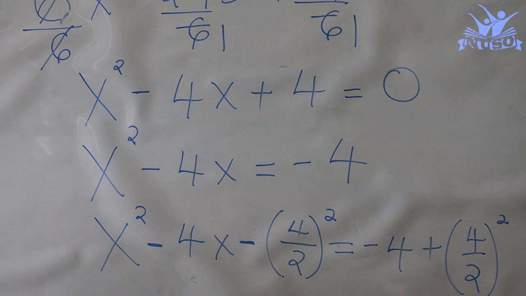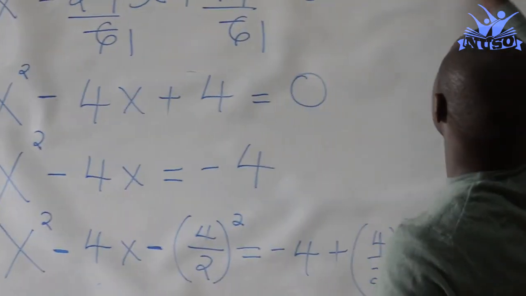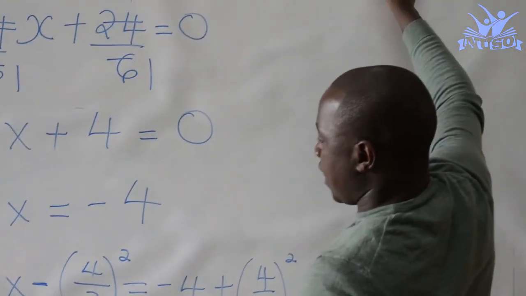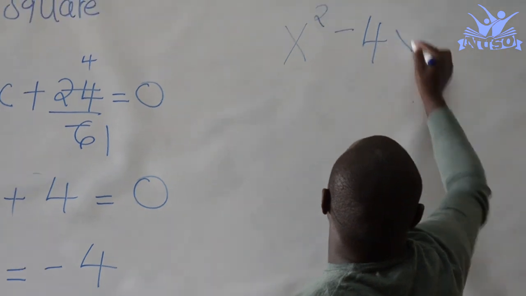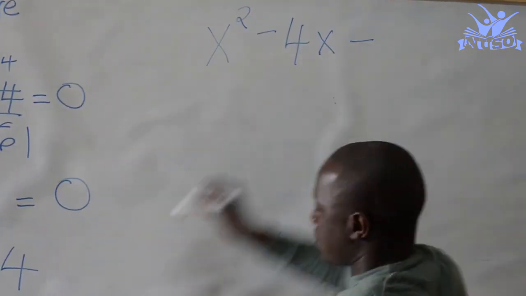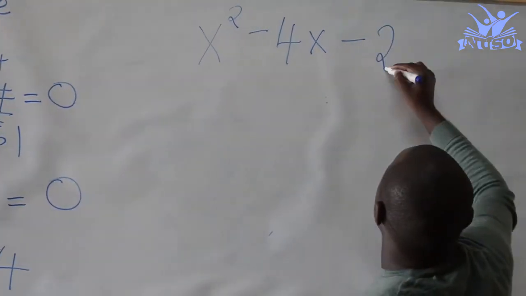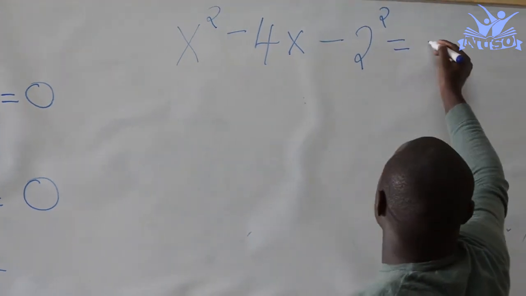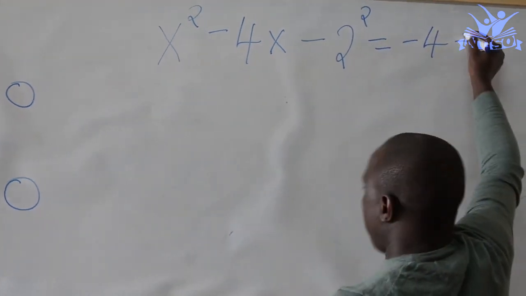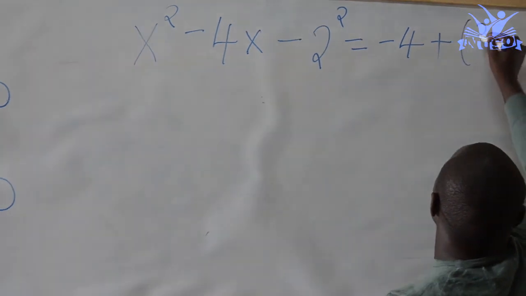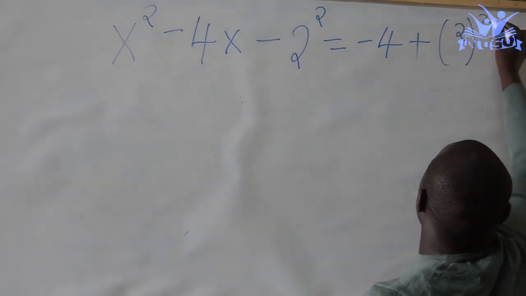Then you can simplify your answer by writing x squared minus 4x plus 4 divided by 2, squared, is equal to negative 4 plus 2 squared.